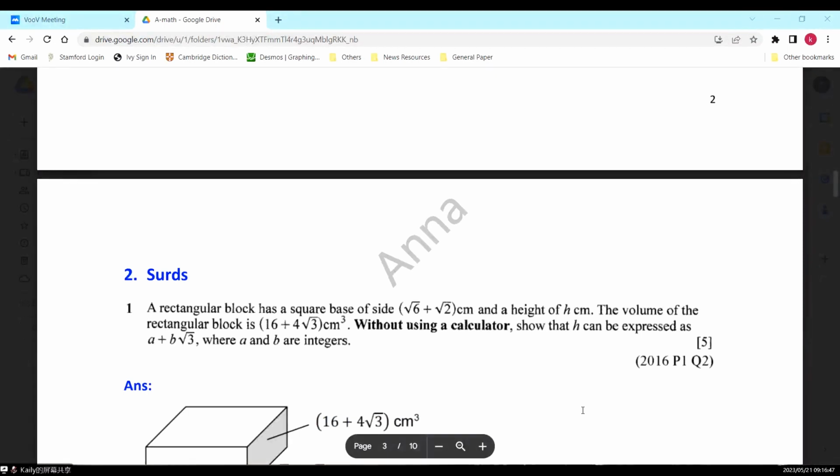Okay, so moving on is chapter 2, which is on surds. Surds is basically your square root.